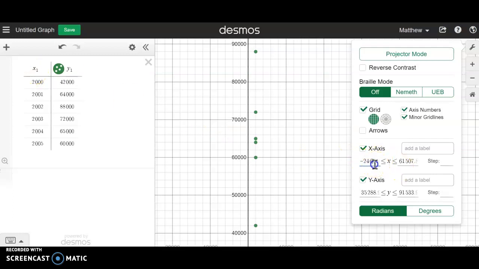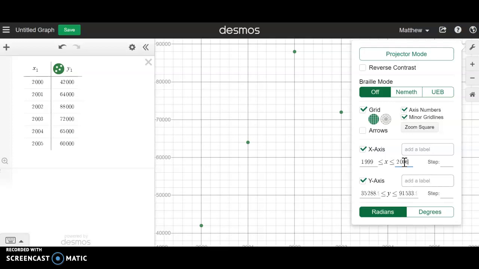If we look here, this number on the left is your lowest x value. The number on the right is your highest x value. So on the left, it's good to go a little bit below what it actually has. So I'm going to put 1999. And for the largest, it's good to go a little bit higher. I'm going to put 2006.